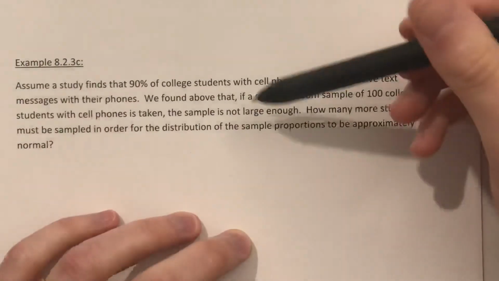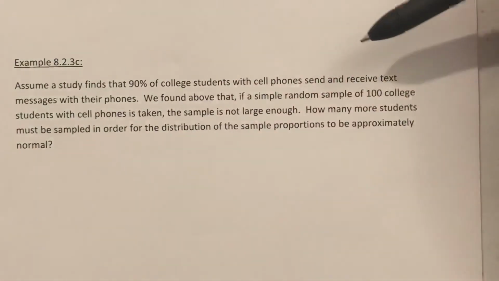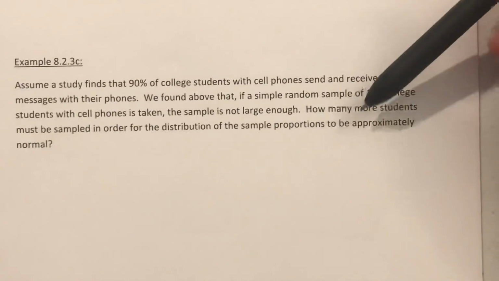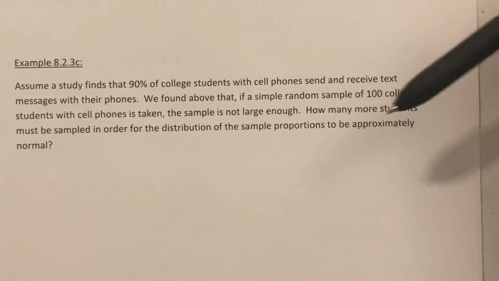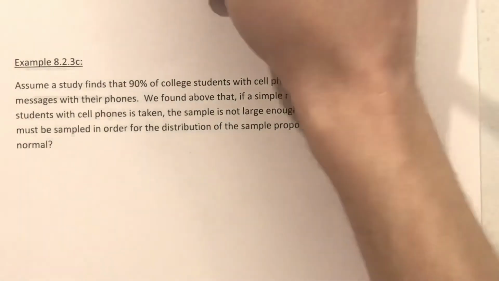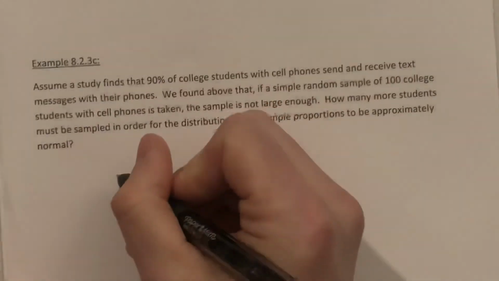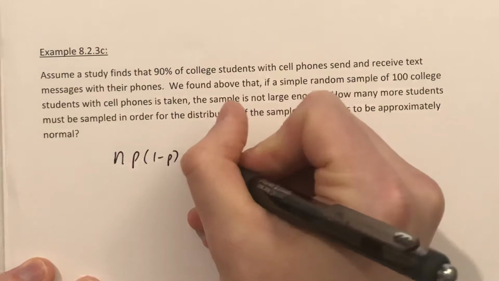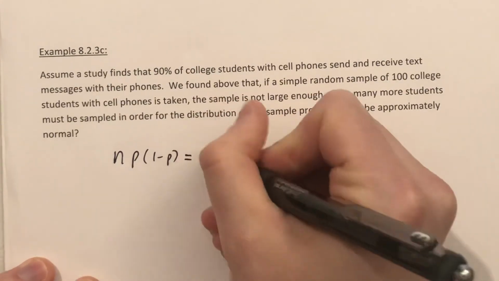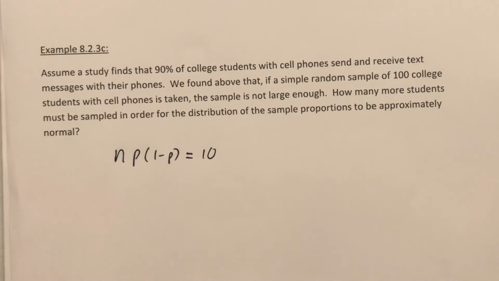That brings us to 8.2.3c, where we say we found above that a sample of 100 wasn't enough, right? So the question is, how many more students must be sampled in order for the distribution to be approximately normal? So remember, we need this to be at least 10. Create a little equation here. N times p times 1 minus p needs to be equal to 10, right?